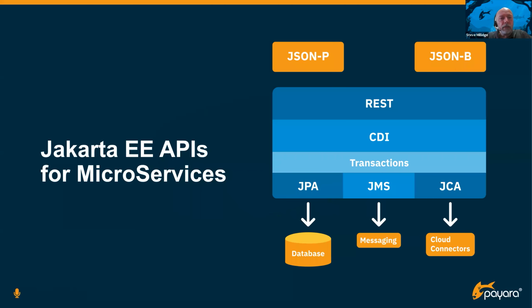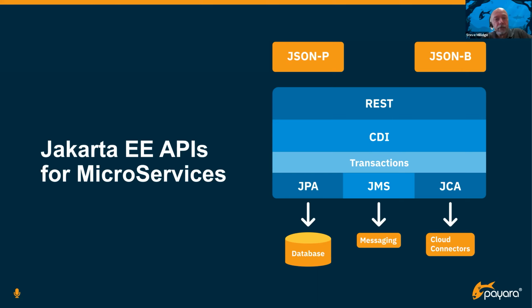Basically, many of the Jakarta EE APIs are the foundational APIs for microservice frameworks. Jakarta REST in particular is a foundational API for things like Dropwizard, which ships Jersey. So the original microservice APIs are Jakarta EE APIs.